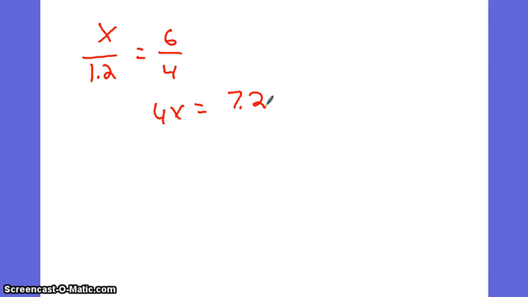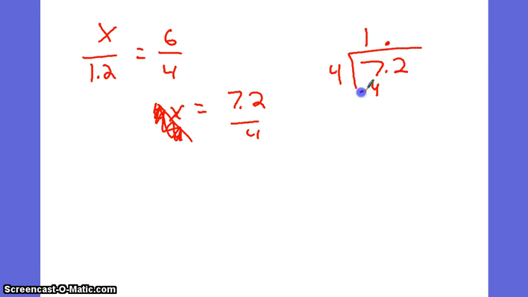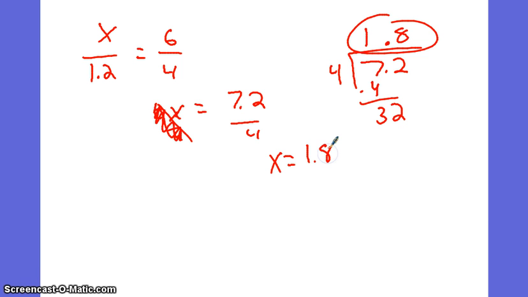Our second step is to divide by 4. I'm doing some algebra there. But divide by the known factor, 7.2 divided by 4. Bring my decimal up. 4 goes into 7 once. 4 goes into 32 8 times. So x equals 1.8.